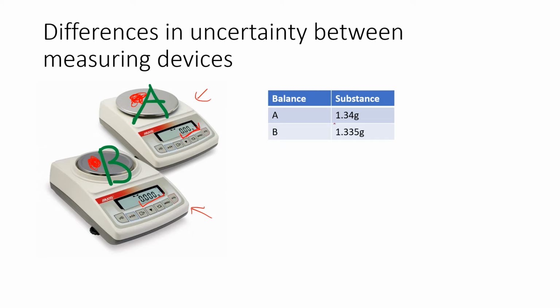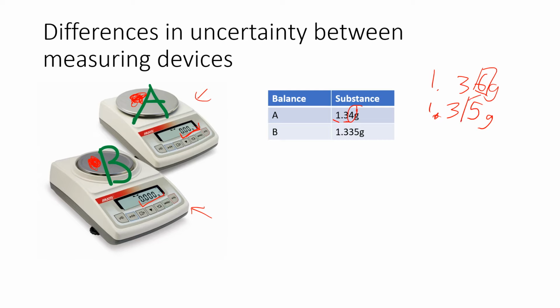So it knows for sure that it's 1.3 grams at least, but it's not sure about the last digit, the uncertain digit. It's going to estimate that it's 1.34. Now it knows for a fact it's 1.3 grams, but it doesn't know about the last digit, so it estimates. If you took the same balance again, it might come up with 1.35 or 1.36, okay?